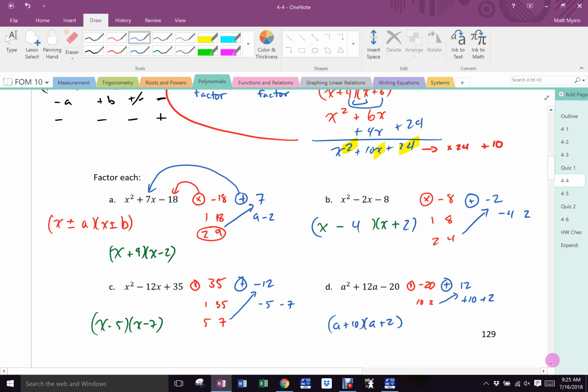Now, you will notice that we did 4 examples on this page, yes? 3 of them factored, 1 didn't. Here is what is going to happen. I need to show you what it looks like when it's tricky, right? And it doesn't factor, because this really looked like it was going to factor.